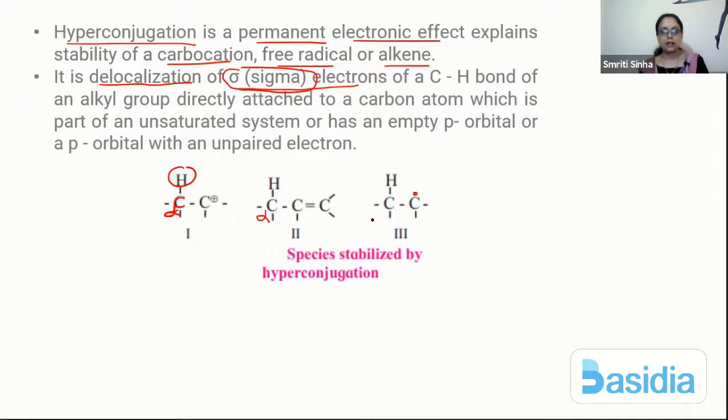Similarly, for this radical also, the carbon next to the radical carbon is alpha, and the more number of hydrogen on this alpha carbon will show more hyperconjugation effect. So hyperconjugation effect is only related to sigma electrons of the CH bond next to the carbocation, alkene or free radical, which is called alpha carbon.